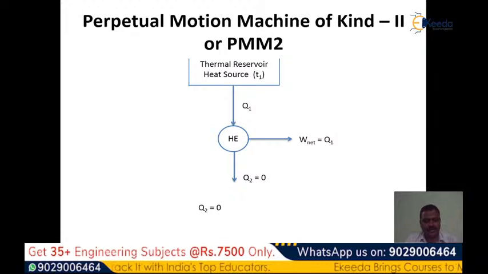Here Q2, the heat rejected to the heat sink, is 0, and net work produced is equal to the heat supplied to that heat engine, and the efficiency of this perpetual motion machine of kind 2 is 1, or 100%, right? And such a fictitious machine does not exist. It is called a perpetual motion machine of kind 2.